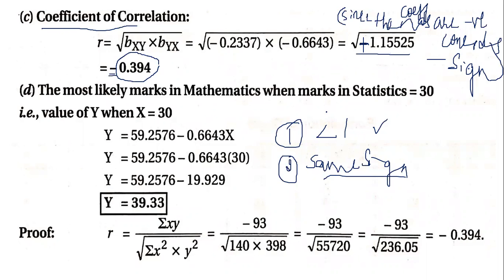Okay, did you all understand? This is very crucial in the exam. If they give such problems and you blindly calculate the square root of a minus value, you will get an error. You will not be able to get the values. So be careful. Whenever you get a problem like this, write a note even in the exam saying that the coefficients are minus, so the final result is minus. Are you all able to follow?